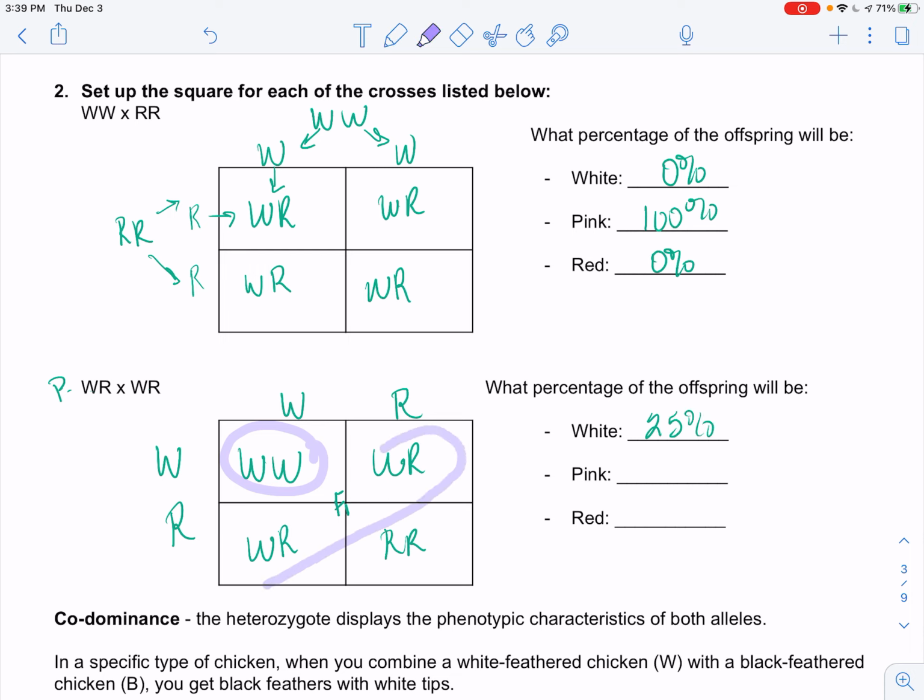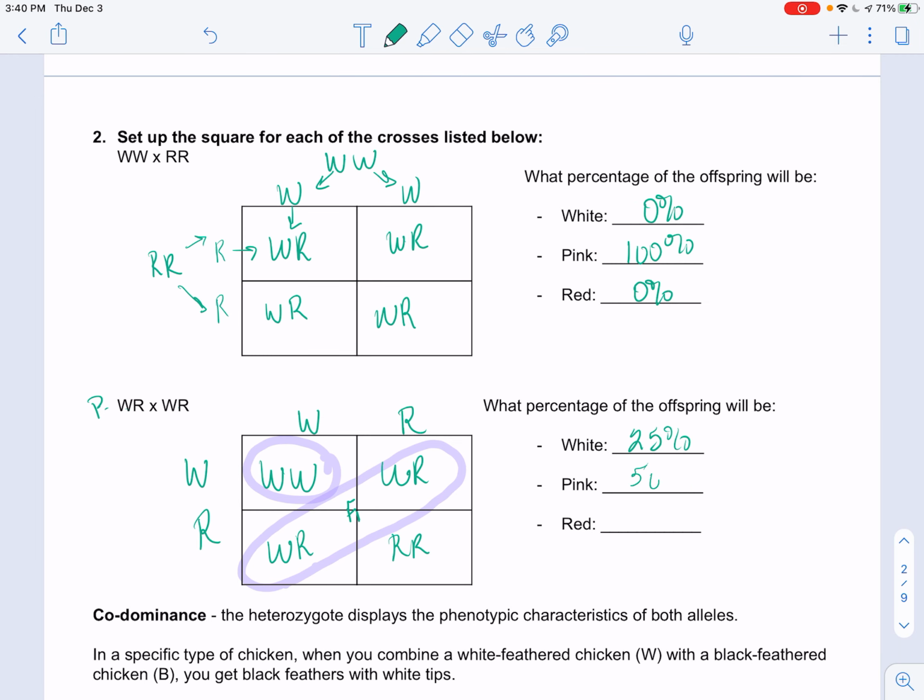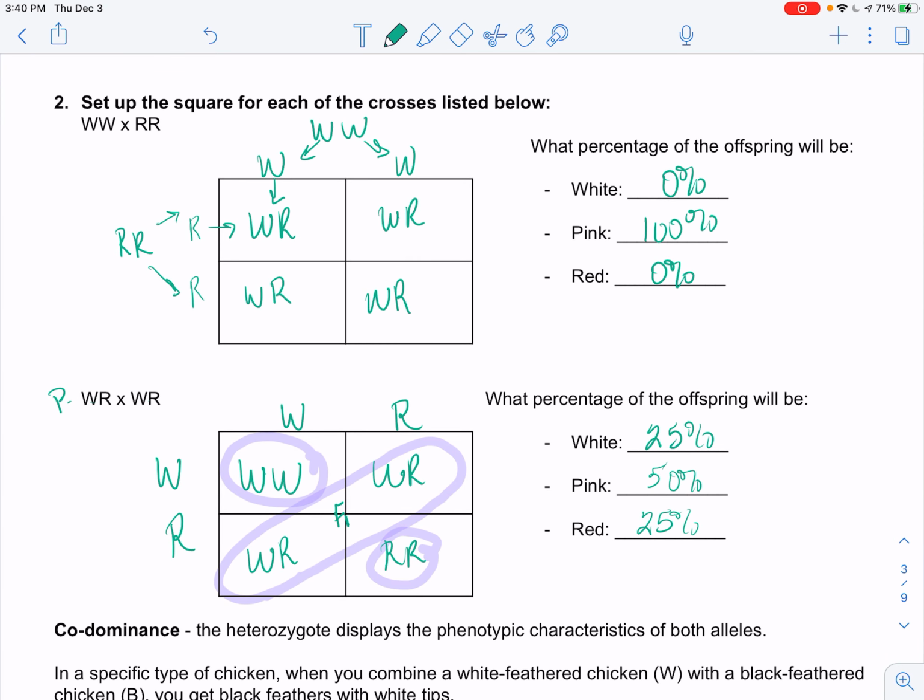Pink is going to be these 2 here, so 50%. And then the last one is red, which is that only one there, so 25%. So again, these are not perfect percentages in real life, but they really are pretty close over many, many different generations. So that's incomplete dominance, a blending of the traits.